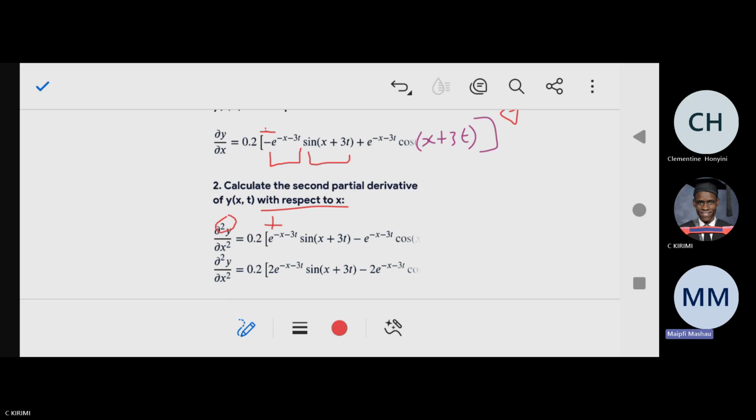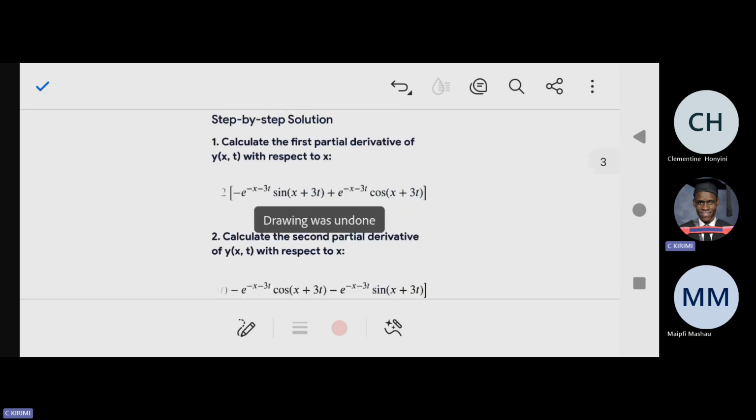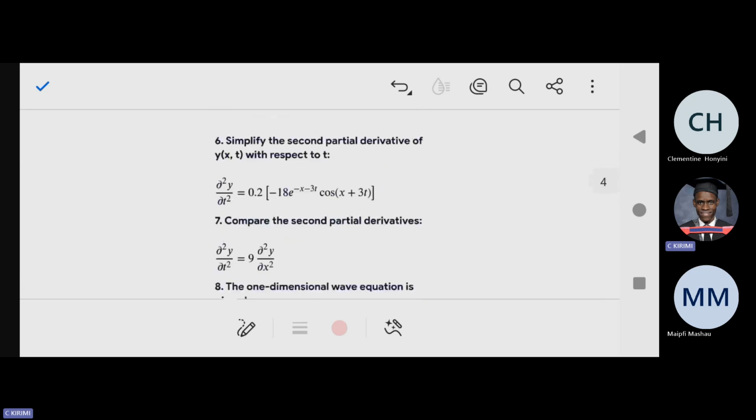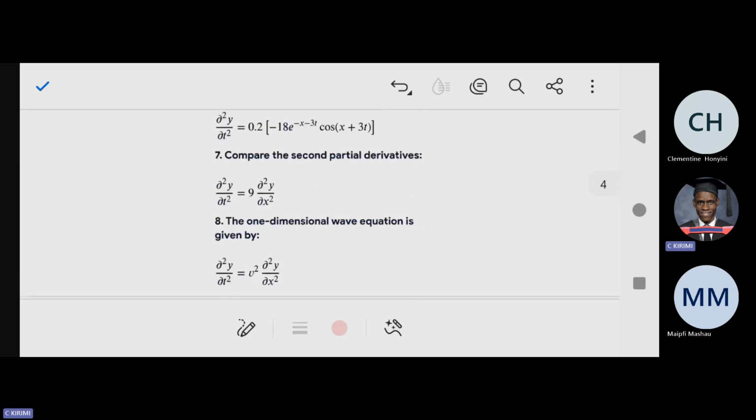Can you see? If I may ask, why do we have to derive it twice? All right. The reason why we have to derive twice is because our equation must come into this format, whereby we are equating this second derivative with respect to x to the second derivative of y with respect to time.